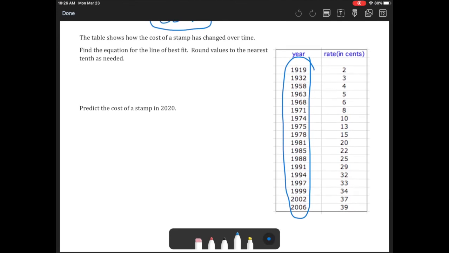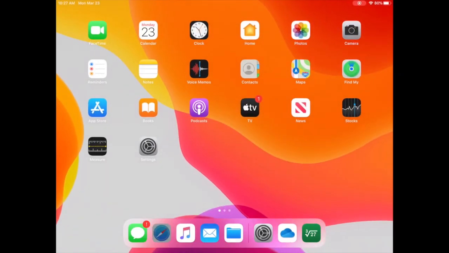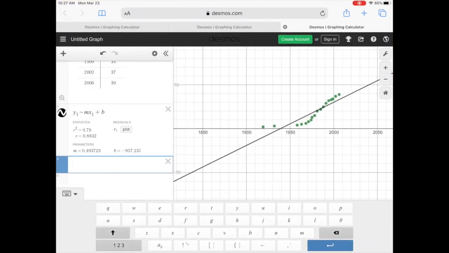So our equation is, gosh, I keep doing that without the pen. y equals 0.5x minus 957.2. So we're going to take 0.5, we're going to substitute 2020, and I don't have the slightest idea what that is, so let's let Desmos do it for us.